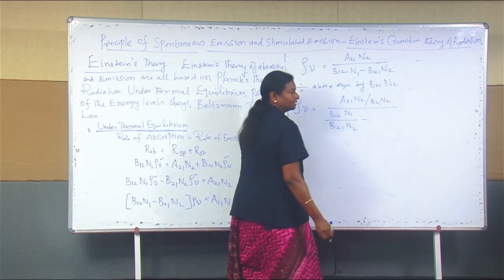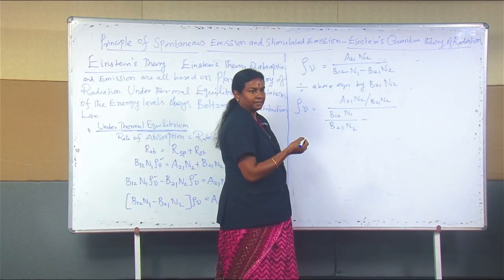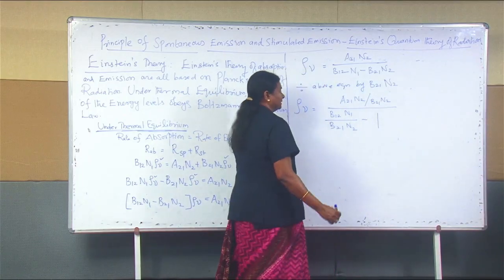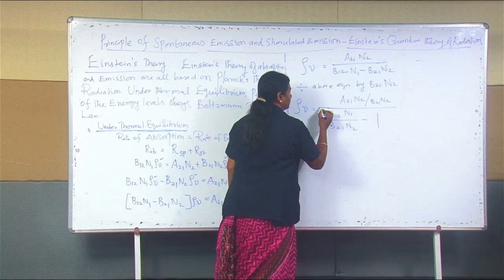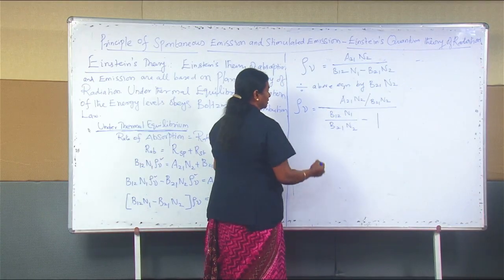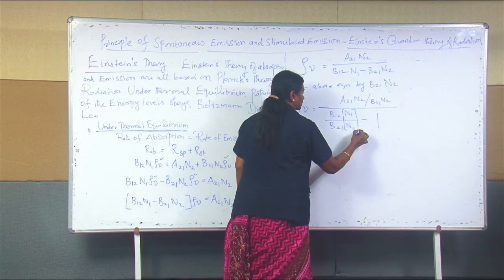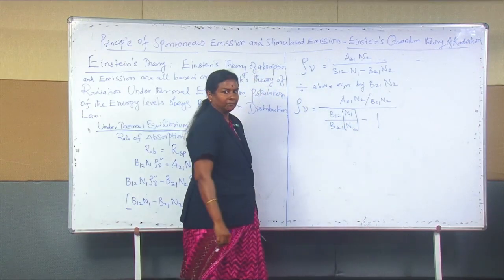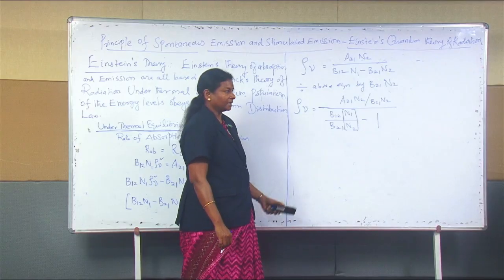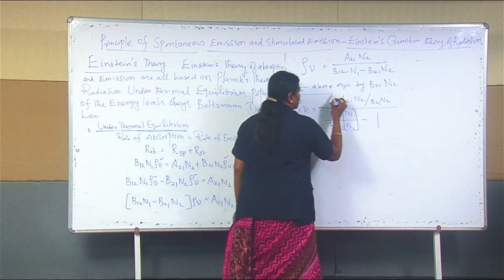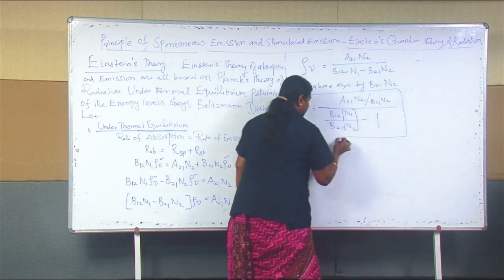What happens to the second term? The same thing we divide, so it will become 1. So, this is our energy density equation, and I can put a bracket for this N1 and N2. I will tell you why I have done it like this. I think you all get clear about this equation.